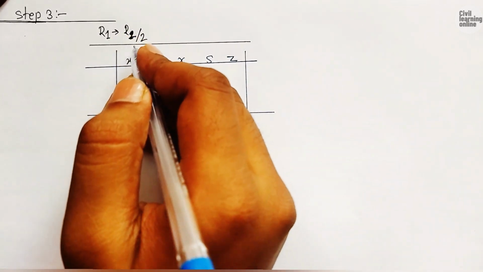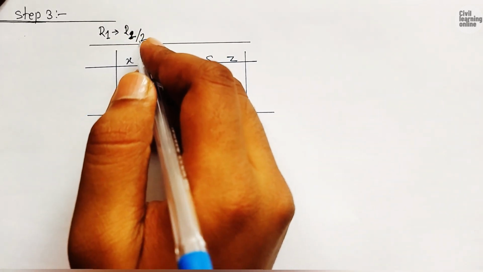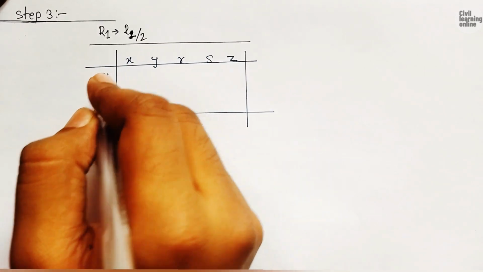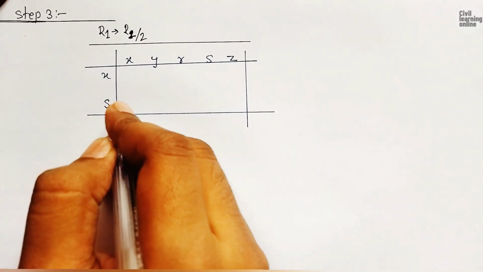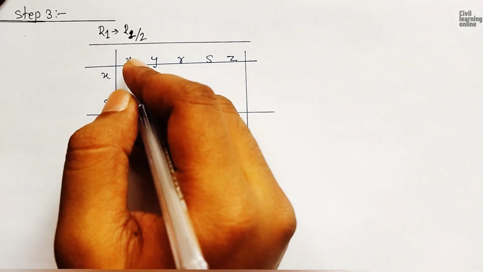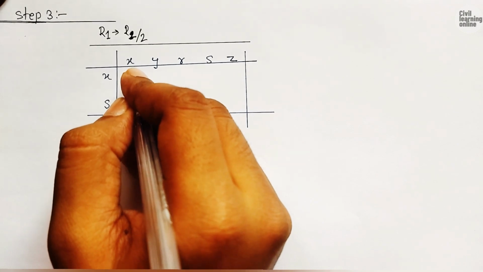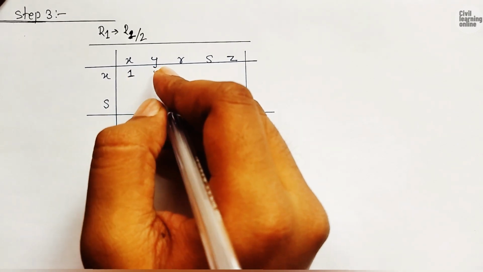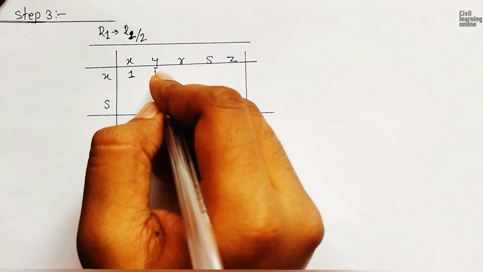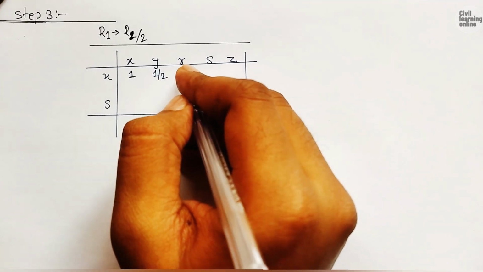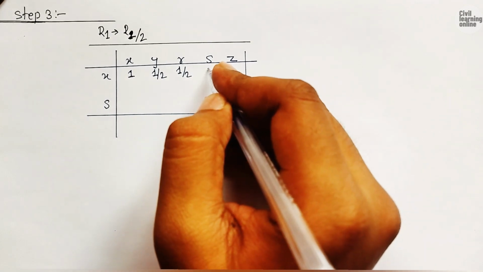So what we are doing, we are dividing the elements of R1 by 2, and here I am going to write X, and here it will be S as it is. The first element of row one is 2, so 2 divided by 2 we will get 1. Second element is 1, so 1 divided by 2 we will get 1 by 2. Third element is again 1, so 1 divided by 2 we will get 1 by 2.